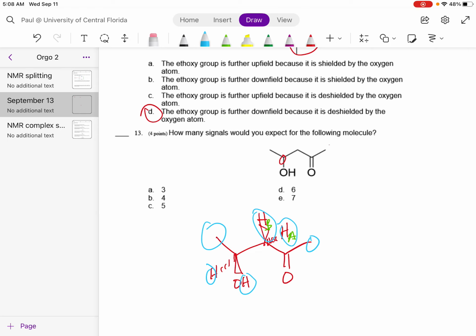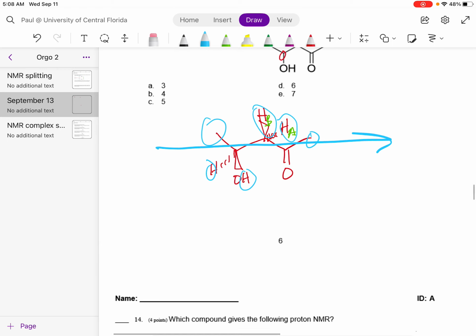Now, how do you know they're diastereotopic? Well, you can look down this backbone right here and see that there's no plane of symmetry. Or if you do the replacement test, the relationship between those 2 species is going to be diastereotopic. So we'll draw in just that X, like that.